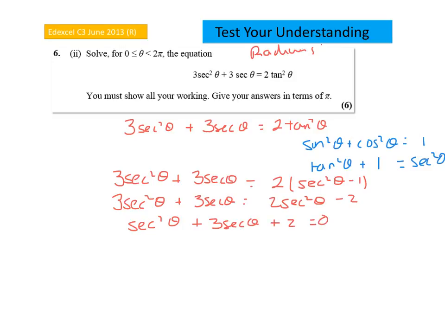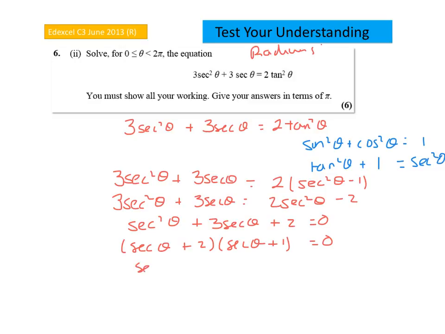Now it says you must show all your working out, so I need to factorise that. So that will give me sec theta plus 2, sec theta plus 1 equals 0.